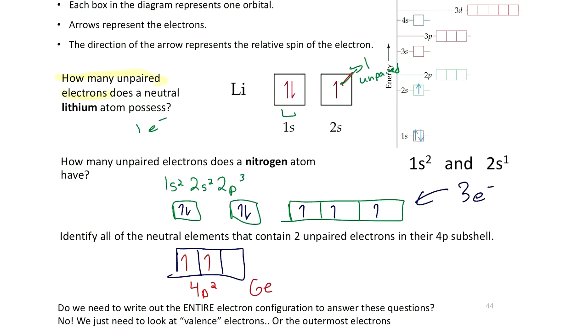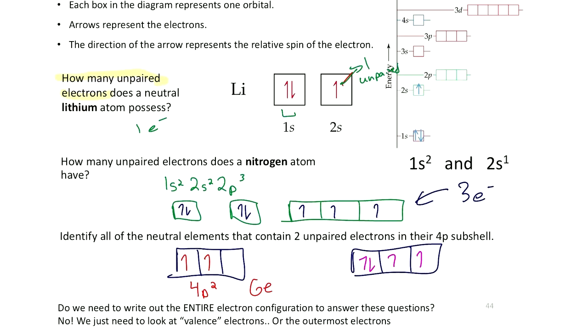All right. Is there another way we can get 2 unpaired electrons in a 4p orbital? So 4p2, but how else could we do it? So 1 electron, 2 electrons, so that's 2 unpaired electrons. There's 3 unpaired electrons, but what if we add another electron? It goes there.